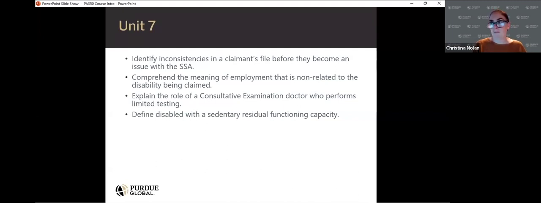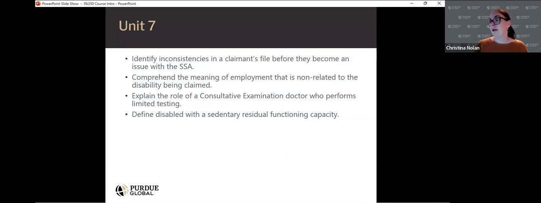Unit 7, we look at what are some inconsistencies in a claimant's file. So if there's something wrong that you can see right off the bat, okay, this doctor says this and this doctor says that, you're going to take a closer look and see what's going on there, and either fix it by getting another medical opinion to rebut maybe one that's negative, or maybe telling the person, hey, this current opinion suggests that there's no disability, for example.